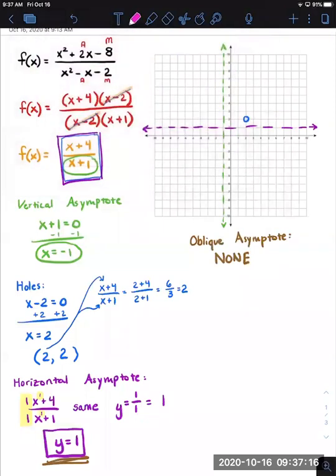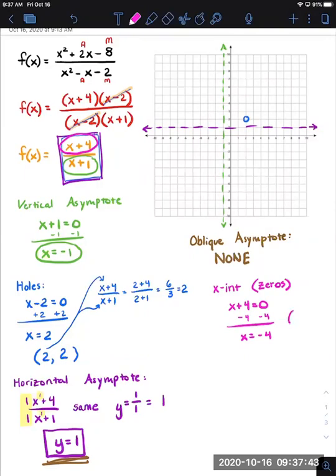Next, I'm going to find the x-intercepts. These are also called zeros. To find the x-intercepts, you set the top equal to 0. So you take x plus 4, set it equal to 0, subtract 4 on both sides, and you get x equals -4. And you want to write it as a number, comma 0.